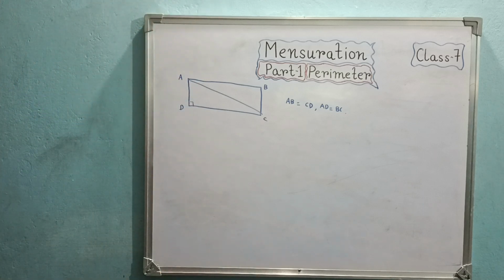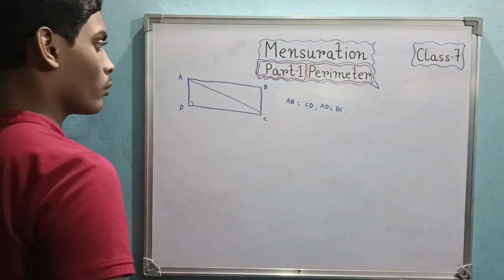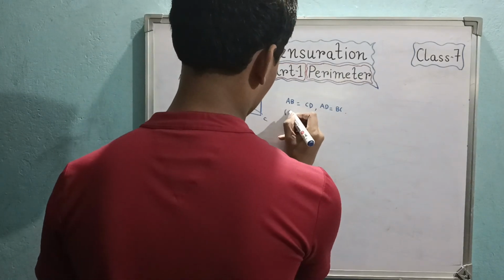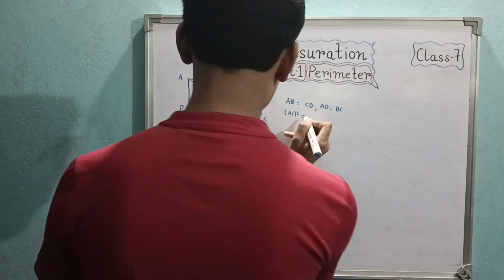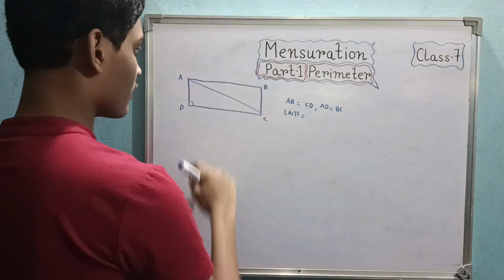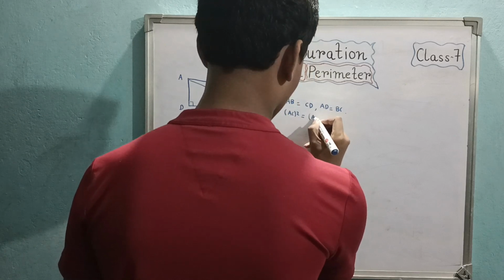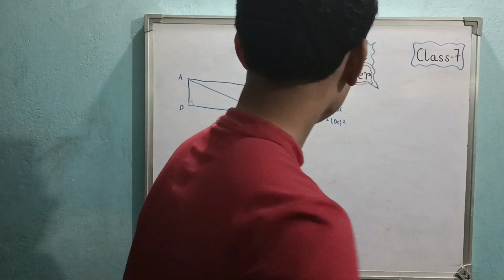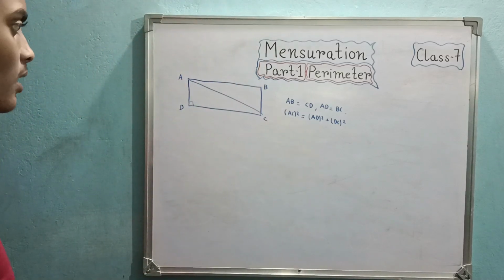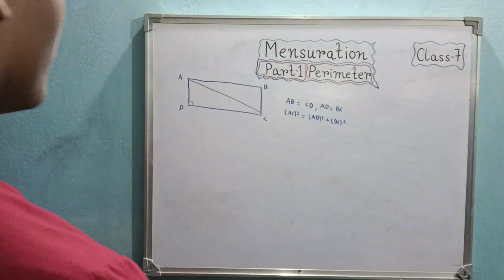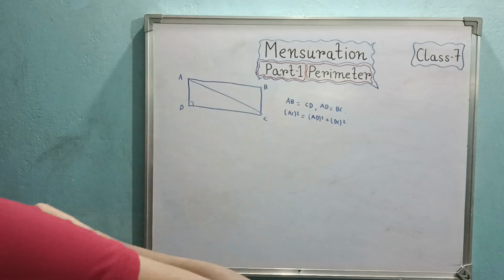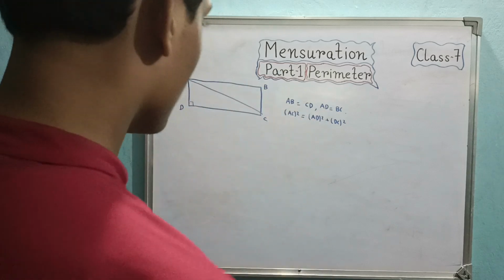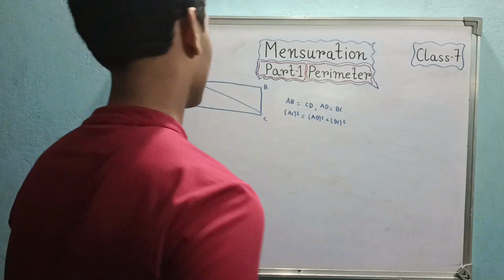And we have a theorem, the Pythagoras theorem, which says that this diagonal square, or AC square, will be equal to AD square plus DC square. So the square of the length of the diagonal AC is equal to the square of the length of AD plus the square of the length of DC.